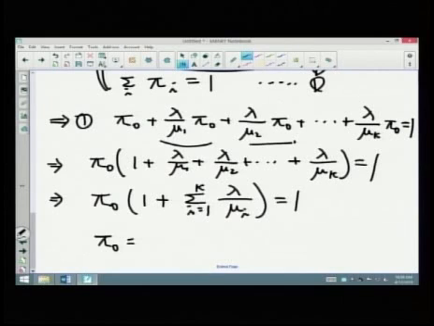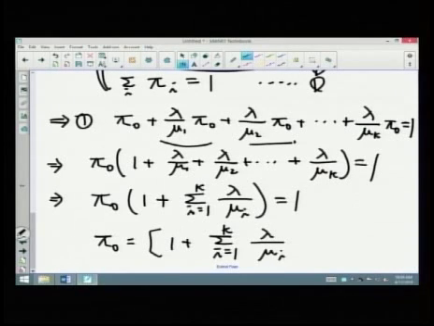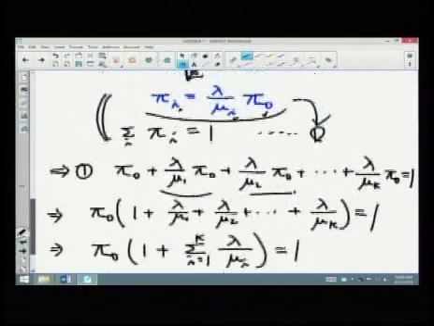Pi 0 is 1 plus the sum over I equals 1 to k of lambda over mu I, then inverse. Okay? Then how do you get pi I?